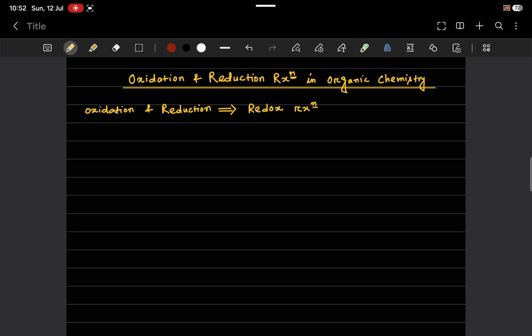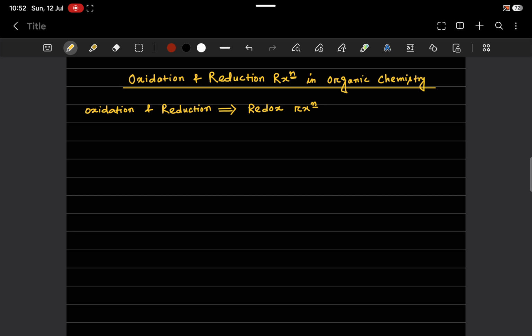If we take a very simple and well-known example of an oxidation reaction: if we keep iron in the presence of air and moisture, what will happen? Rust will come. So how is it coming?